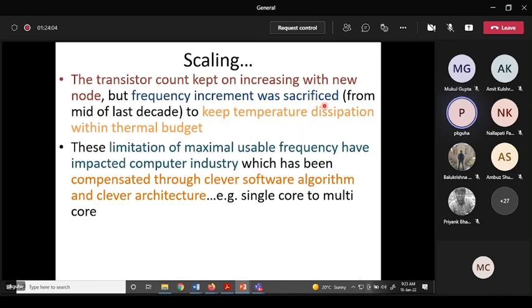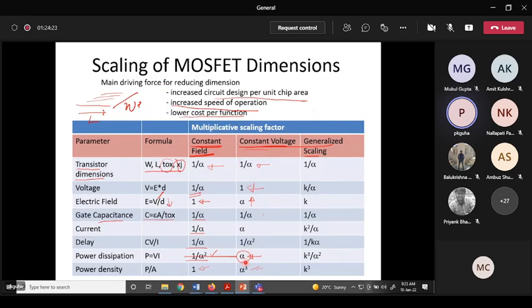So that is what I wrote here. The frequency increment was sacrificed from the middle of the last decade, to keep the temperature dissipation within the thermal budget. Here I showed that power density remains constant with constant field scaling, but as you use the constant voltage approach, power density increases. With generalized scaling, there also the power density will increase.